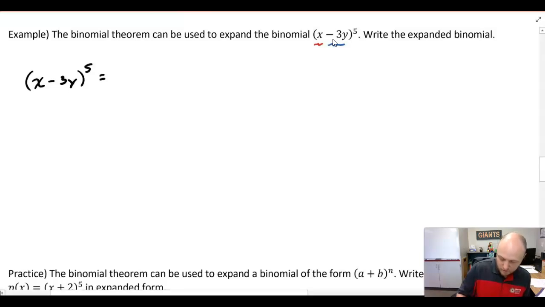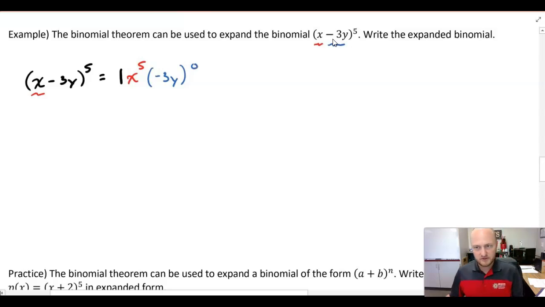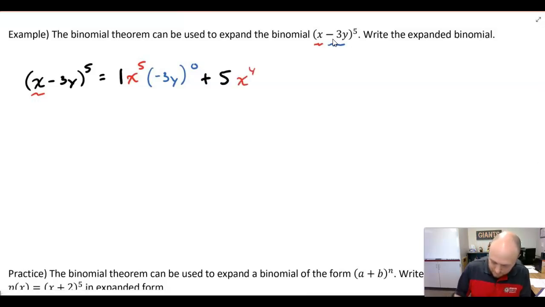So again, coefficient, the first one's 1, times my first term, x to the power of 5, times negative 3y to the power of 0. So I'm just taking my second term and I'm raising that to the power of 0. Plus, now I have 5 as my next coefficient, okay, times x to the 4th, times negative 3y to the first.